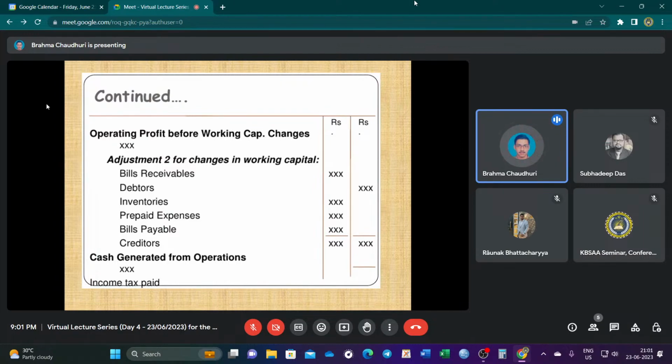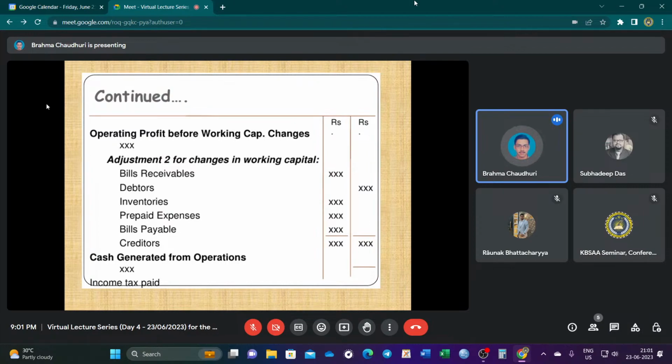So whenever the current assets decrease, the cash balance increases. So there is a negative relationship between the current assets and the cash balance. If there is an increase in the current assets, then it will lead to a decrease in the cash balance, and if there is a decrease in the current assets, then it will lead to a rise in the cash balance. This is the rule.